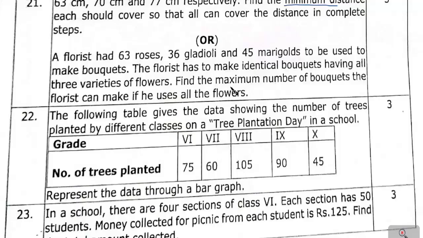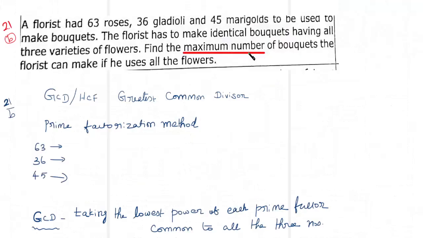Find the maximum number of bouquets the florist can make if he uses all the flowers. To find the maximum number, we have to find the GCD or HCF, the greatest common divisor. With the help of the prime factorization method we can find it.